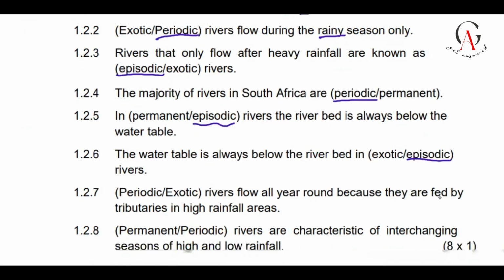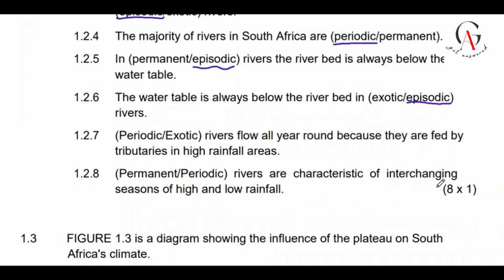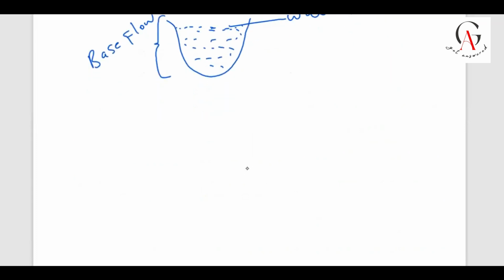Number 7, periodic exotic rivers flow all year round because they are fed by tributaries in high rainfall areas. So that would be exotic rivers. With exotic rivers, their origin, the water table is always above the riverbed. If I show you here, for example, this is the water table. So this is the base flow, and this is the water table.